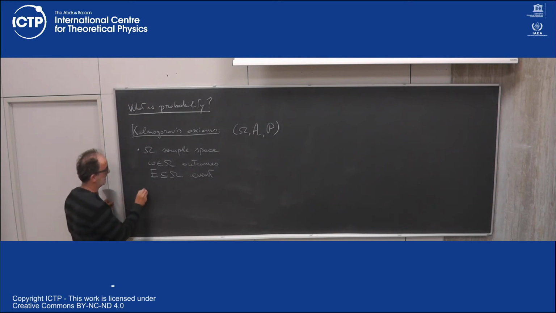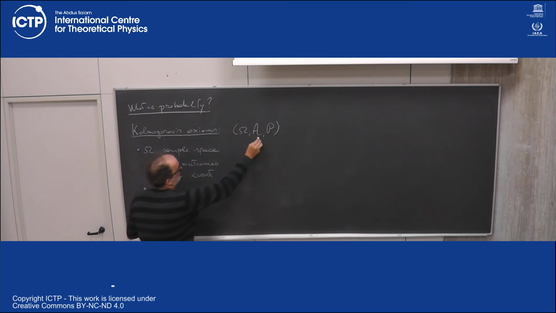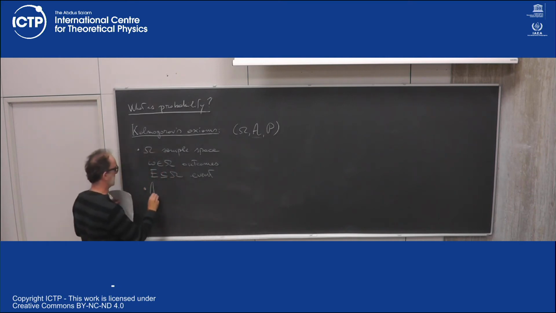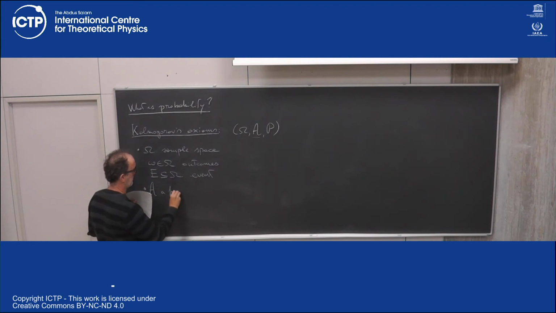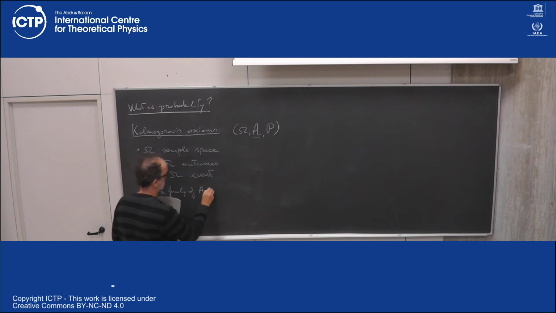Then the second thing that we need is this object here, which is just a family of subsets of omega.